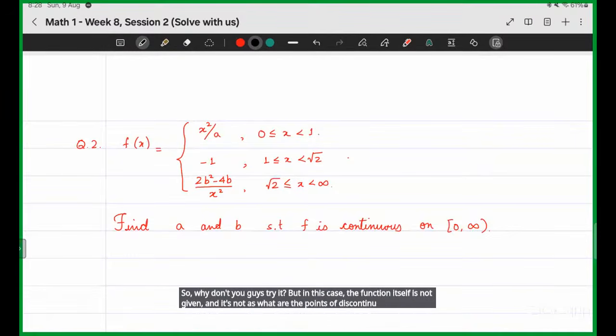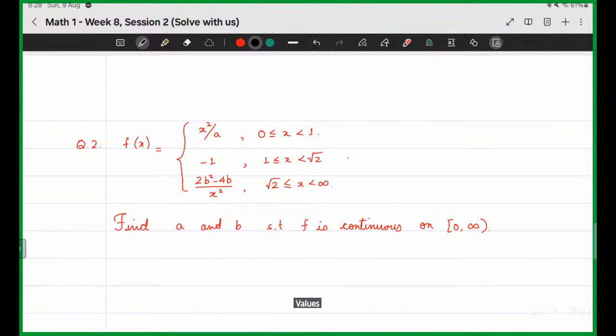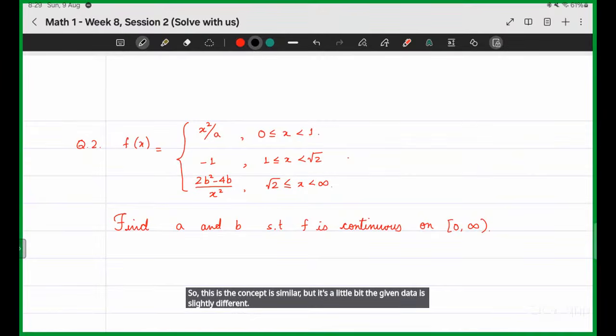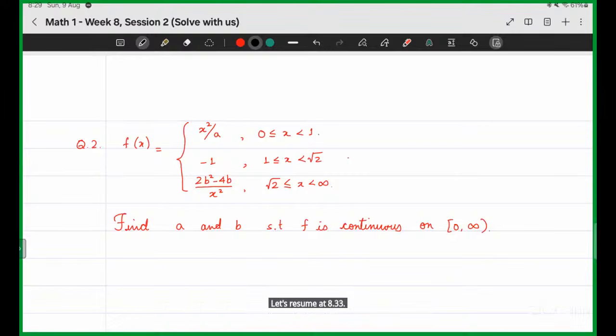Instead, it is said that this function is expected to be continuous, and there are certain values which are not given outright, which you have to find. So the concept is similar, but the given data is slightly different. So let's resume at 8:33. 4 minutes should be more than sufficient to solve this.